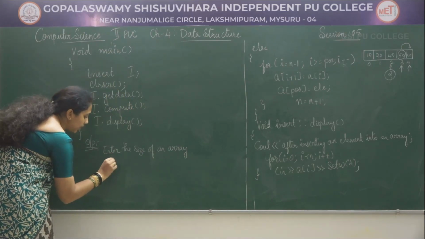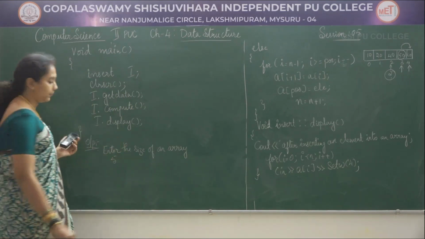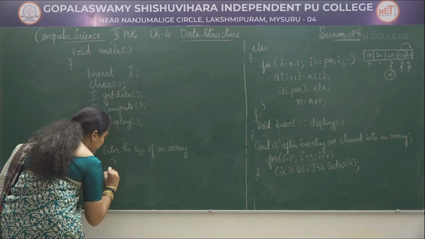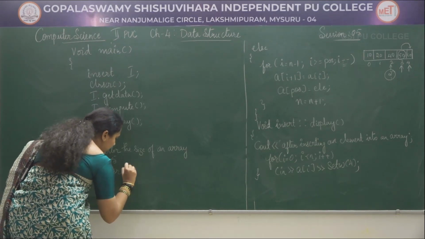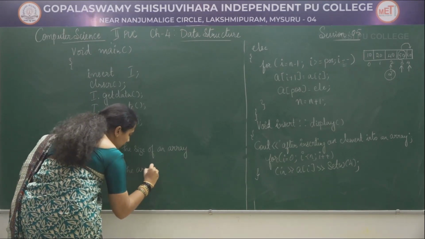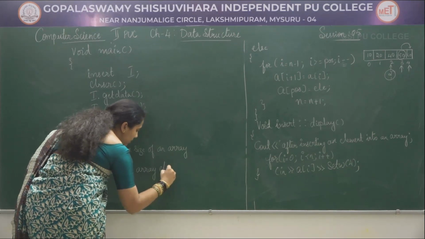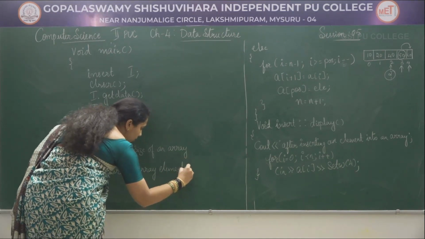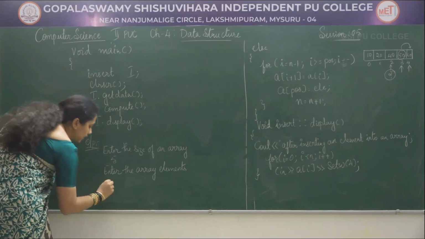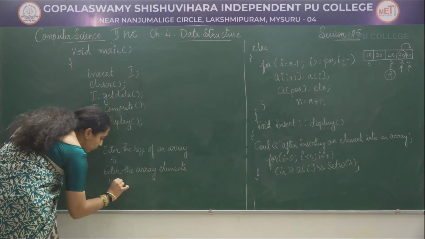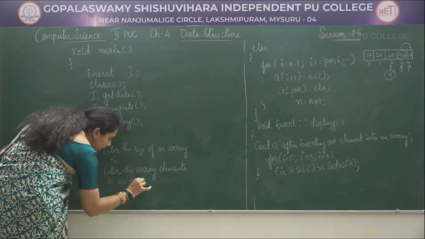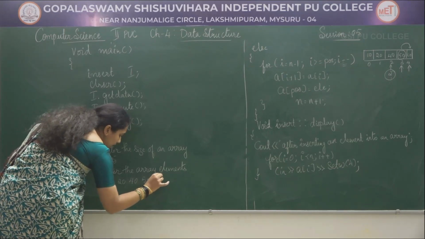So the size of the array is 5. Next, enter the array elements. So what are the array elements? It is 10, 20, 40, 50 and 60.